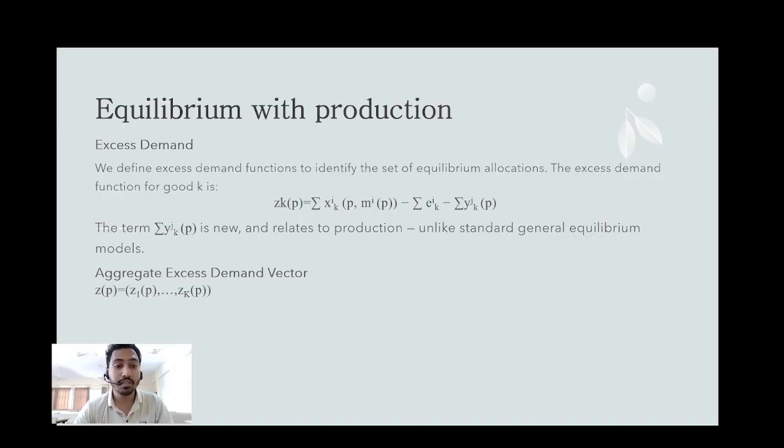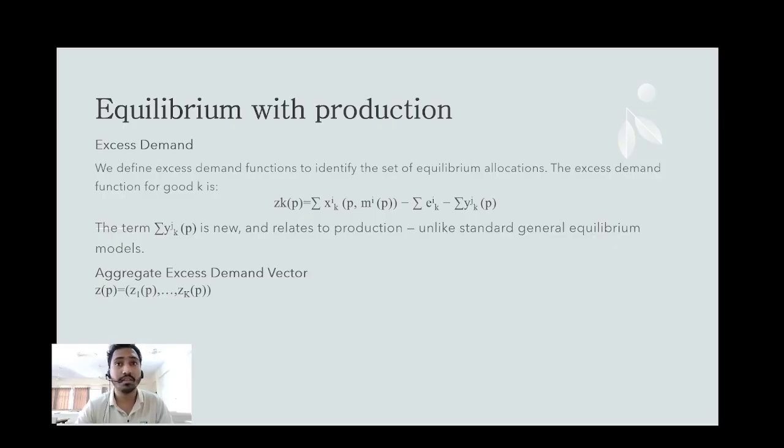The term summation of y_jk(p) is new and relates to production, unlike standard general equilibrium models. So the aggregate excess demand vector must be z(p) equals z_1(p), z_2(p), and at the end z_k(p). Here k is the good k, and p is the same price of the good.